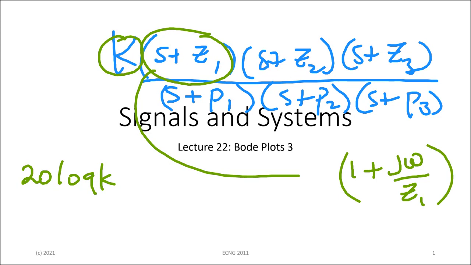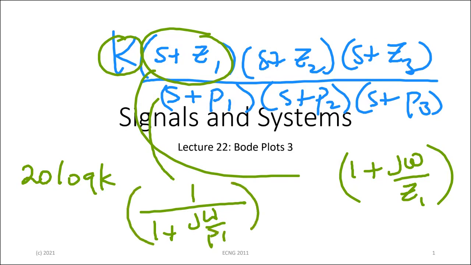And all of the poles are converted into 1 over 1 plus j omega over p1, 1 over 1 plus j omega over p2, and so on. And you can draw them one line at a time. The 20 log k is a horizontal line at 20, whatever that number is.